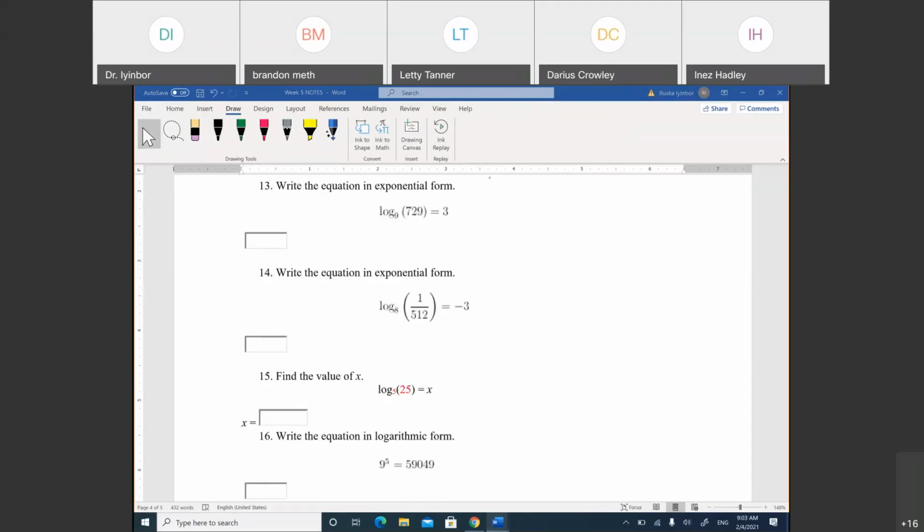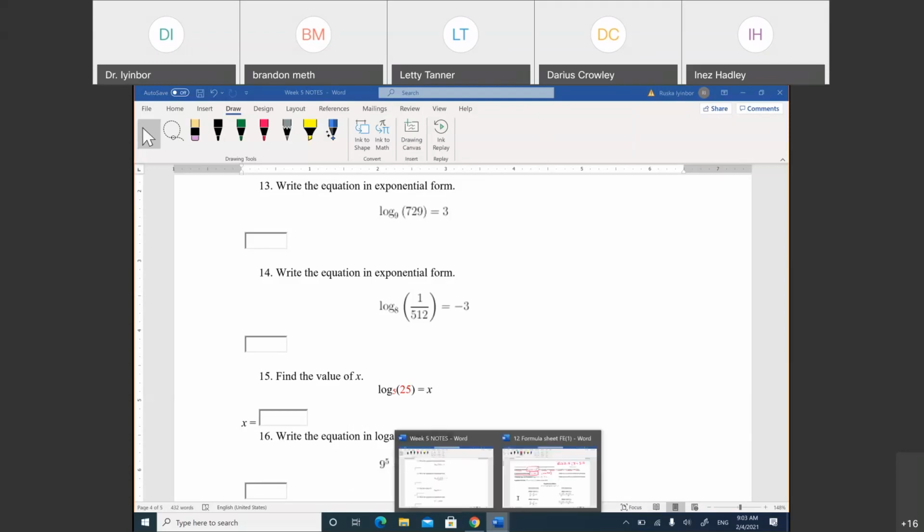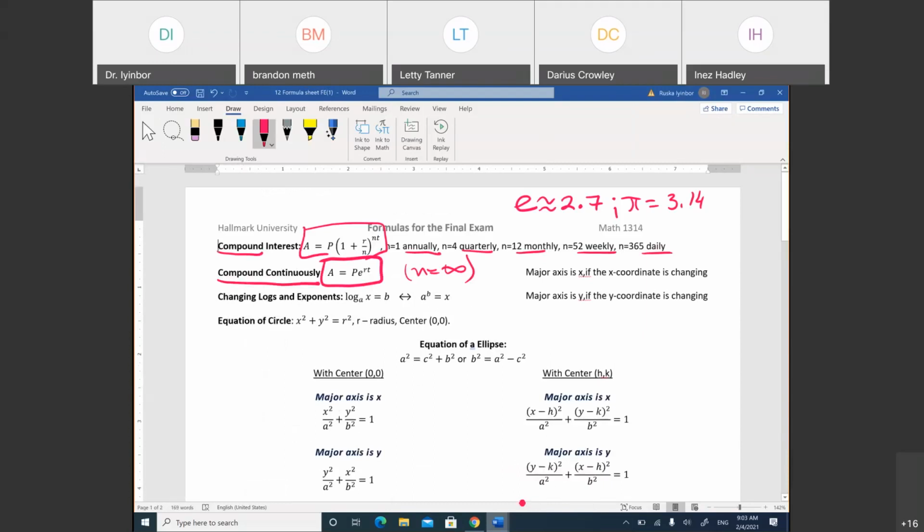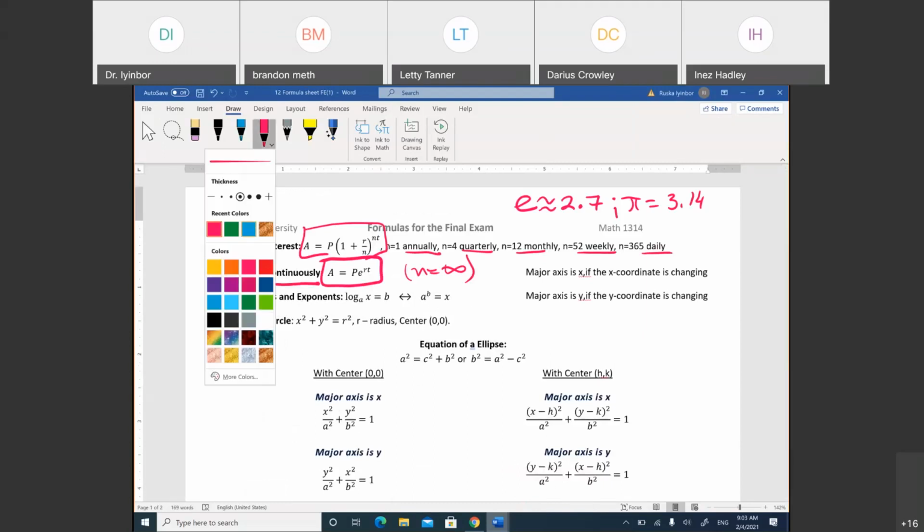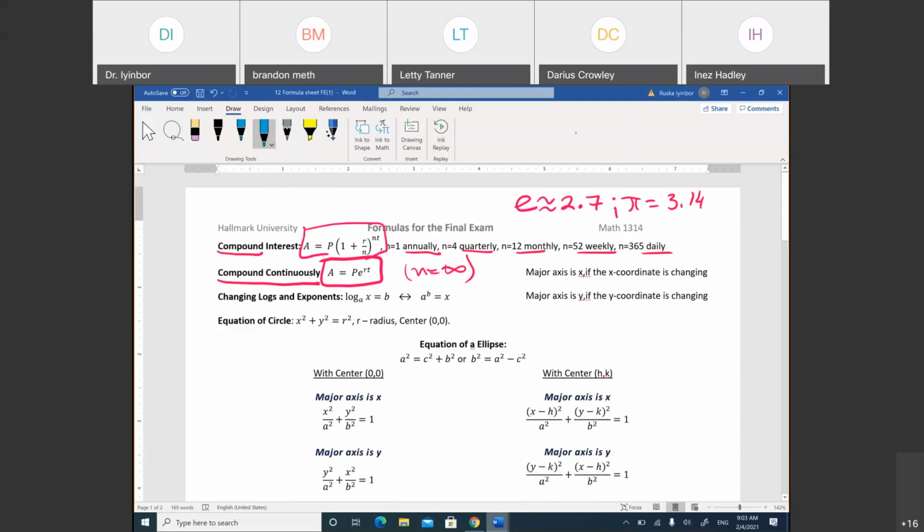So we're going to continue with logarithmic equations and exponential equations. I told you that when you have an exponent, let's go here to the formula sheet, the exponent looks like 3 with exponent x, for example.